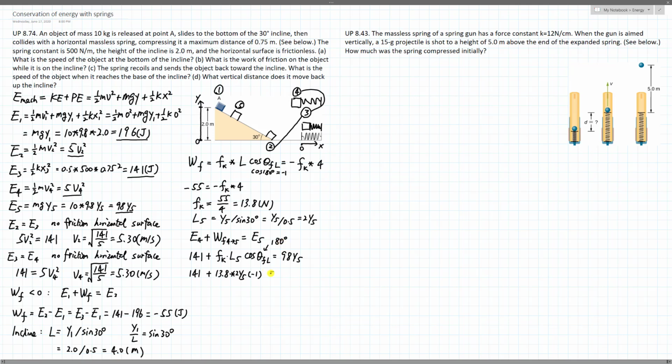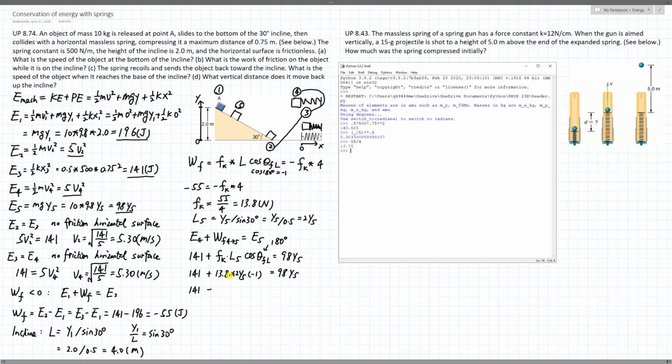So that is equal to 98 Y5. So one more step. Here's a negative. So 13.8 multiplied by 2. Let's use our calculator for that. Because we have 13.75, we can multiply that by 2. That's a little more precise. So 27.5.